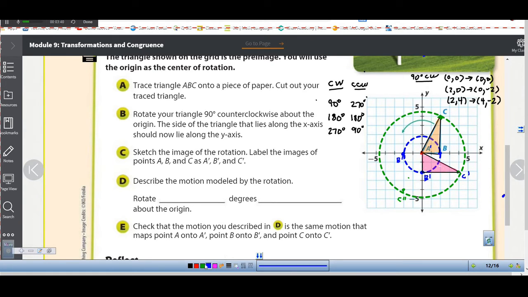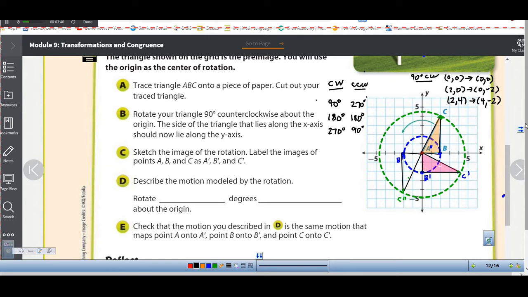And now I'm just going to put another one on here. This is just going to be a double prime. That point is not moving. It was A prime, now it's A double prime. All right, and then I'm going to go ahead and draw in my triangle from A double prime to B double prime to C double prime.